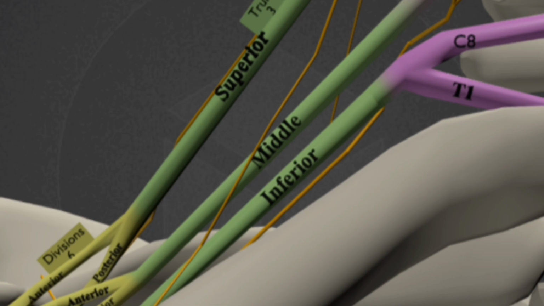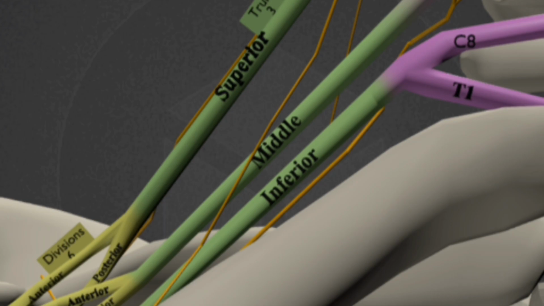So damage to lower trunk or inferior trunk is called Klumpke's paralysis. The site of injury is lower trunk of brachial plexus. It may occur during a fall on an outstretched hand, or fall from height with outstretched hands. And root value is mainly T1.